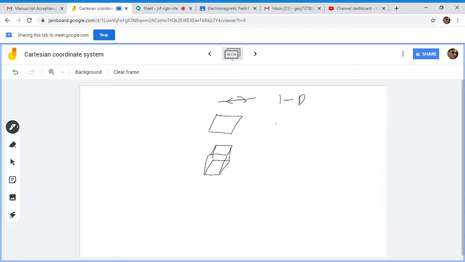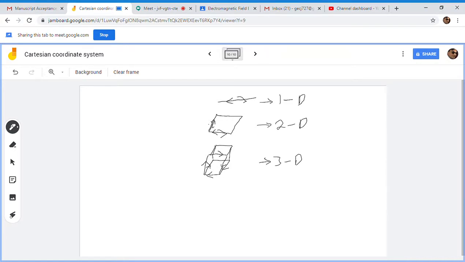This is a two-dimensional figure. You can move in here, here, or here, or here. So this is a two-dimensional figure. This is a three-dimensional figure. So you can move here, here, here, in this dimension, and here or here.